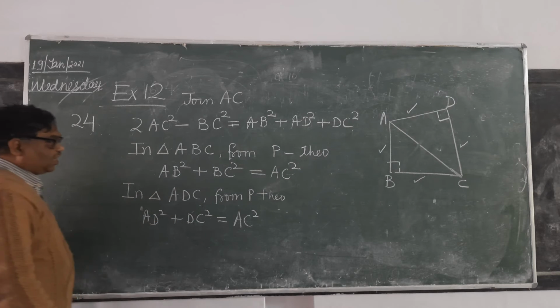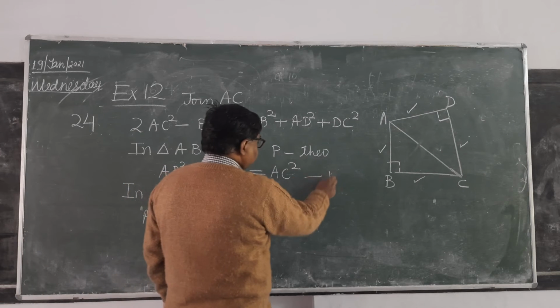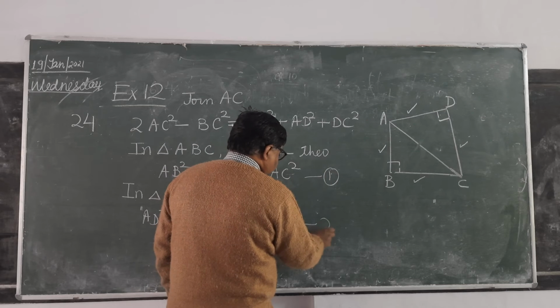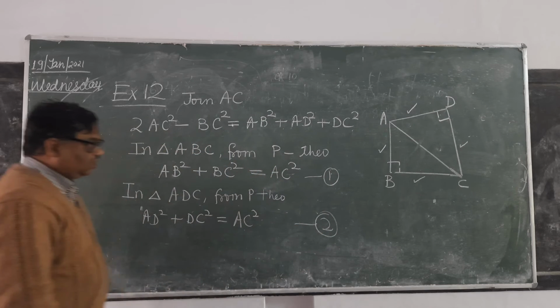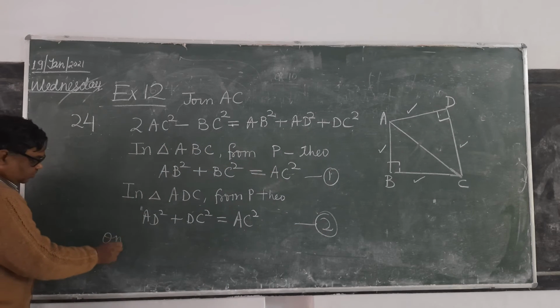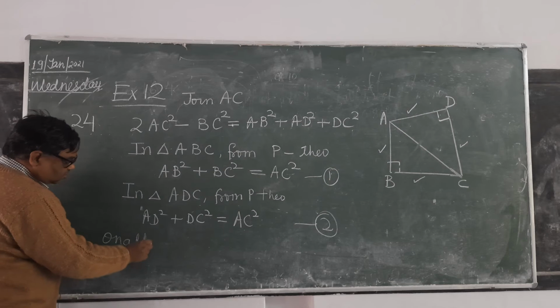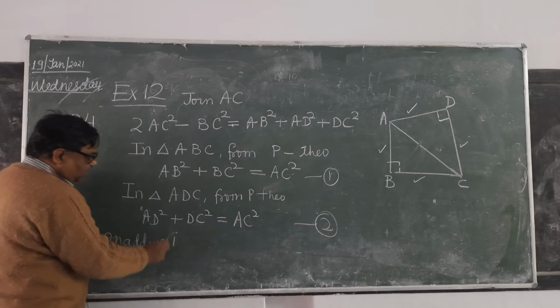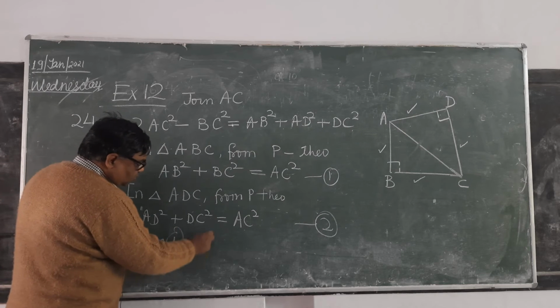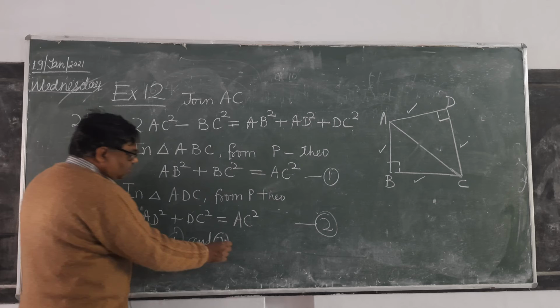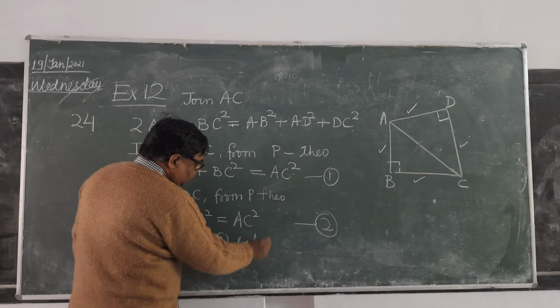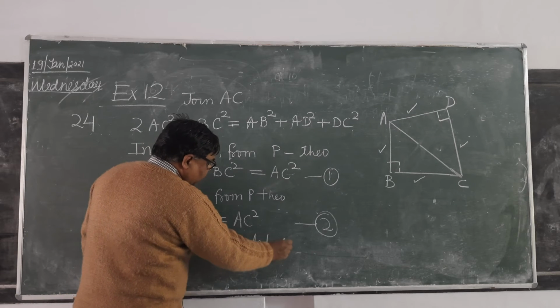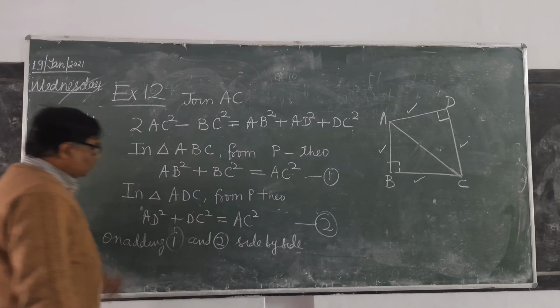Now adding 1 and 2 side by side. On adding 1 and 2 side by side, when you will add side by side, what will you get?